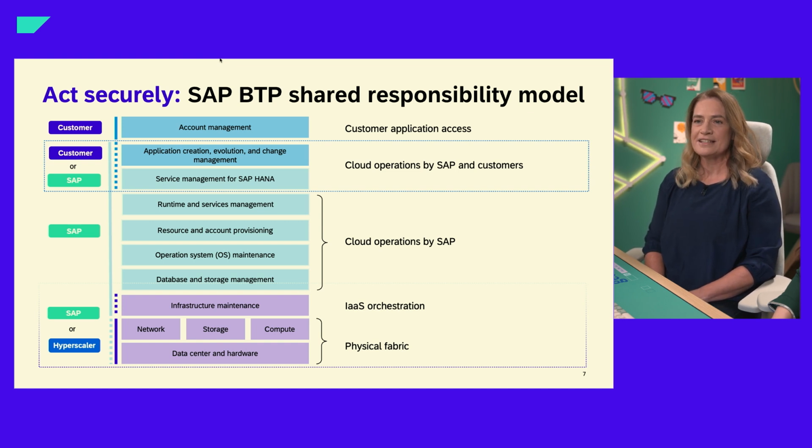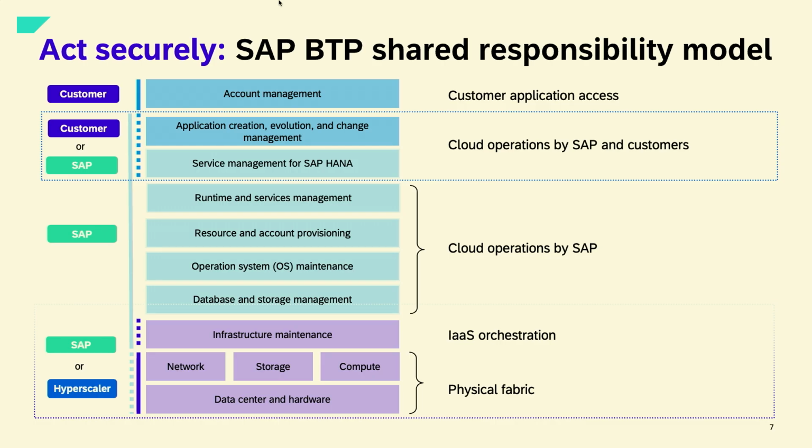So things like operating system maintenance, database and storage management, but also providing you with the global account that you need, and of course the resources that you paid for. So you paid for certain services, and of course we're responsible for providing them for you. Also the physical fabric, the base layer underlying all of the cloud services, is either up to us, or if you're working with a hyperscaler, some parts can also be up to that hyperscaler.